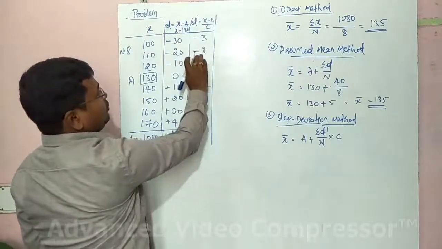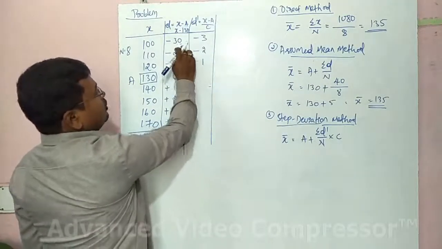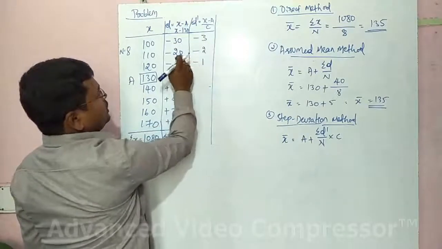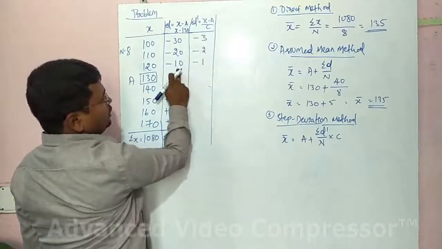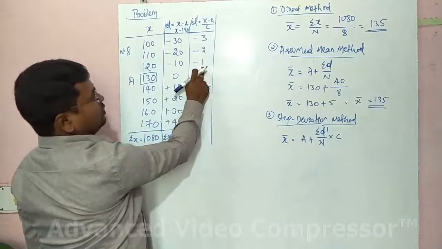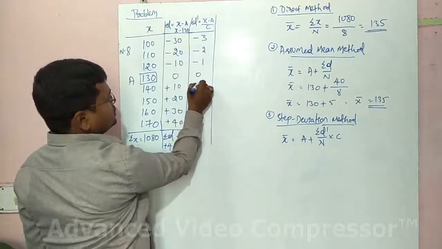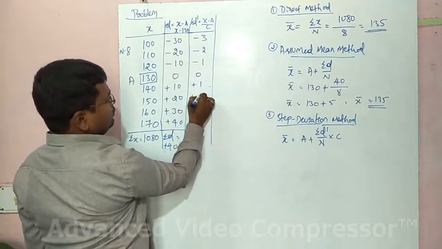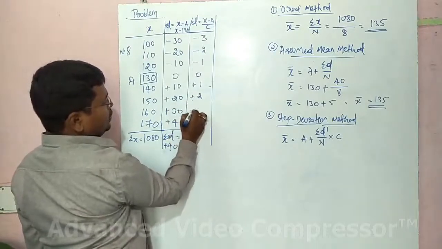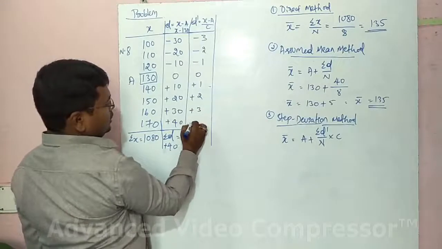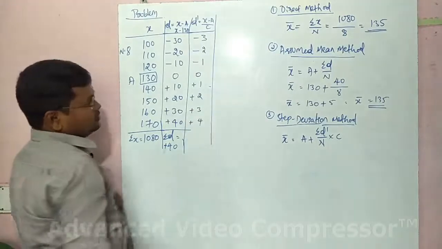Now here we have to divide, not subtract. So 30 divided by 10 is minus 3, 20 divided by 10 is minus 2, again 10 divided by 10 is minus 1, then 0, and 10 divided by 10 is plus 1, 20 divided by 10 is plus 2, 30 divided by 10 again plus 3, and 40 divided by 10 again plus 4.